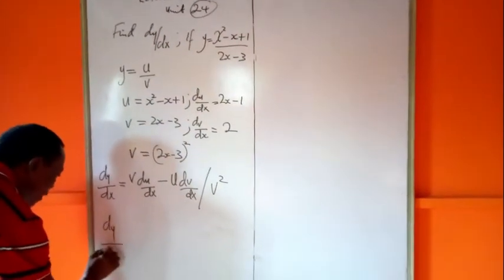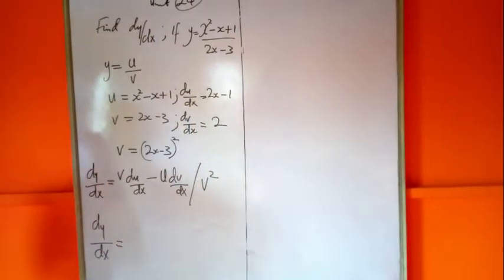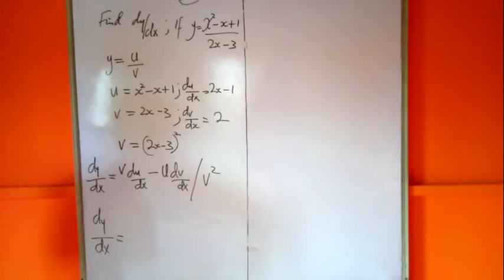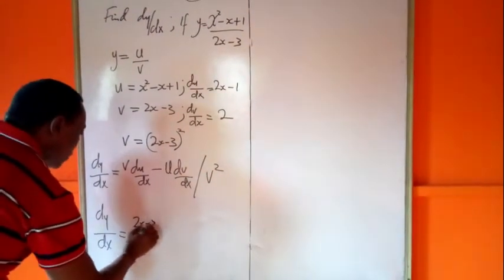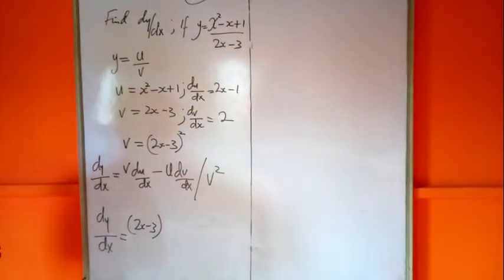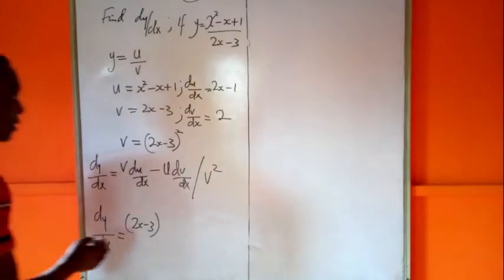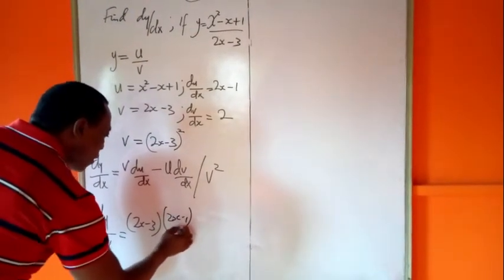Now dy dx is equal to v. What is our v? Our v is simply 2x minus 3. So what is our du dx? Is simply 2x minus 1.